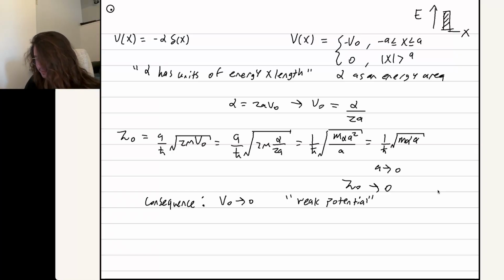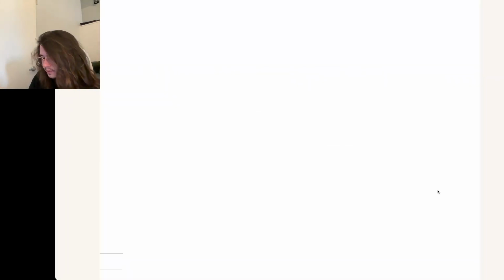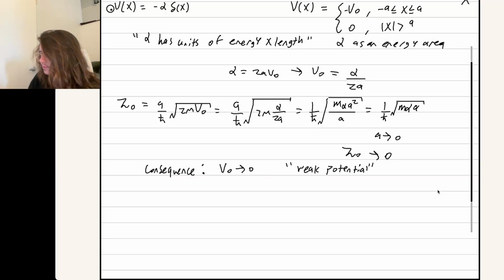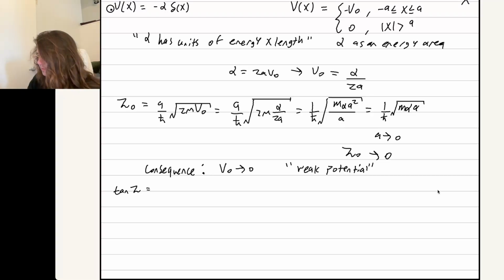The next thing we're going to do is get the expression for the bound state energy in this limit. Remember, in the finite square well, to find the bound state energies, we had to solve this transcendental equation here: tangent of z equals the square root of (z naught over z) all squared minus 1.